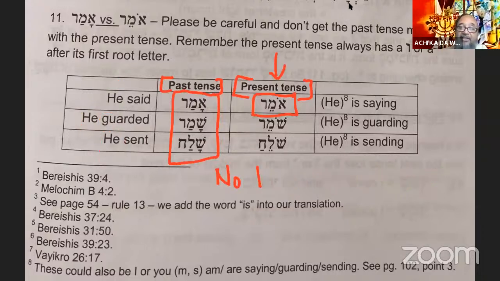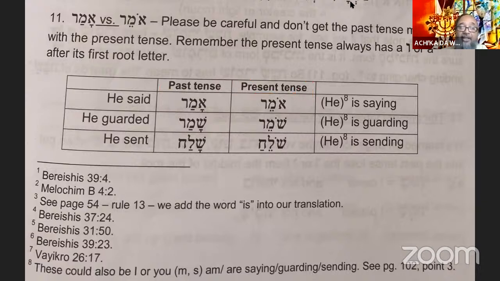Over in the present tense, Omer, Shomer, and Shaleach is he, what? There's no letters on the front of it, but it has this dot to let you know that it is -ing. So the verb is send. Shamar is guard. Amar is to say.